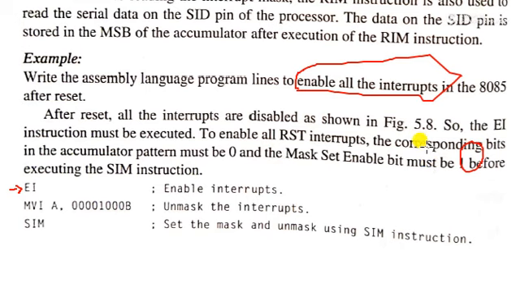The D0 bit will be 0. D1, sorry, the D1 bit will also be 0. The D2 bit also 0, because unmasked. The D3 bit is 1 because it activates these 3 bits D0, D1, D2. The D4 bit is obviously 0 because it is unmasked. After that it is a don't care condition.